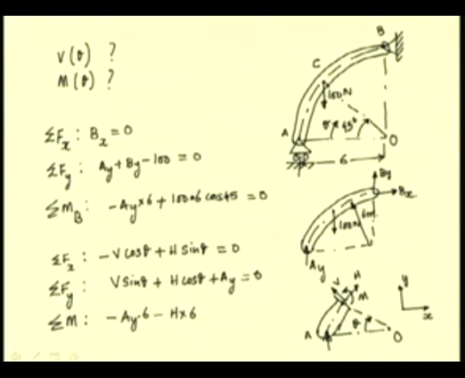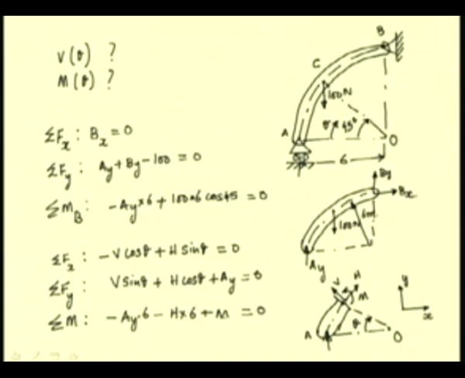So, the moment arm of this force H is 6 meters again. This plus the moment M has to be 0. From these equations, we can find the 3 unknowns, that is V, H and M.